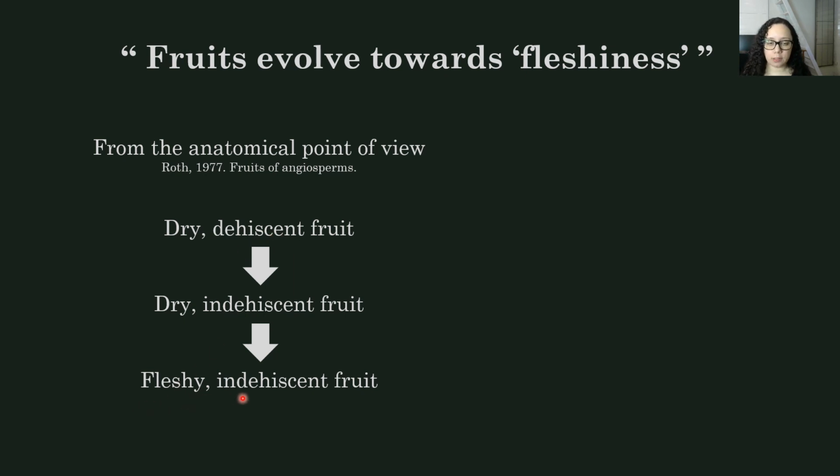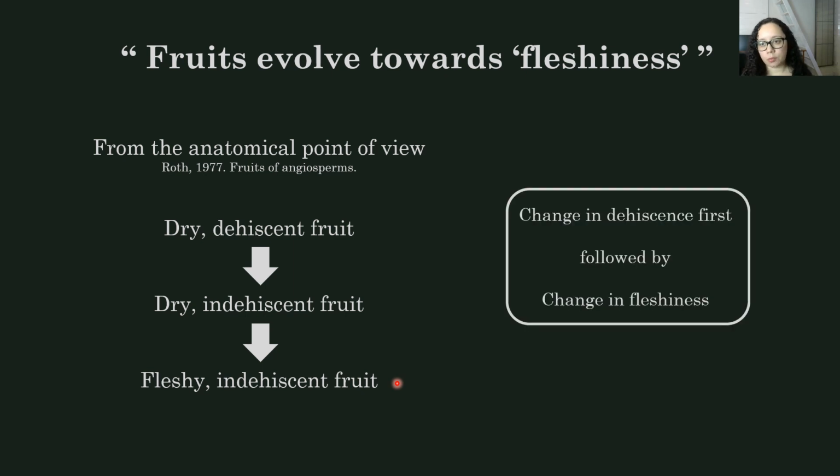And more specifically, this evolution would go through an intermediate state that would be a dry indehiscent one. In other words, she was basically saying that to go from a dry to a fleshy fruit, you first see a change in dehiscence and then a change in fleshiness.